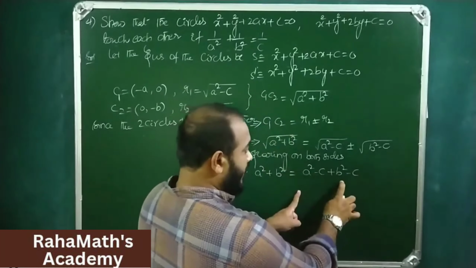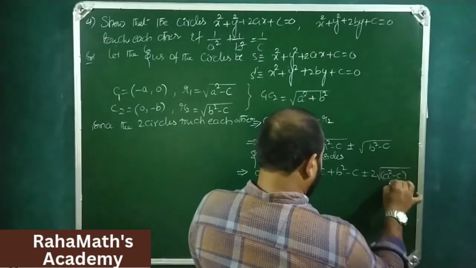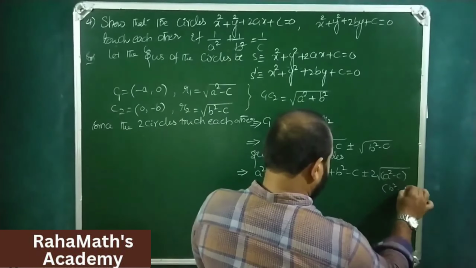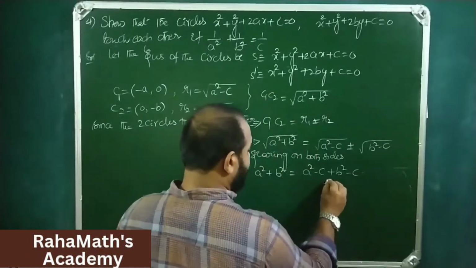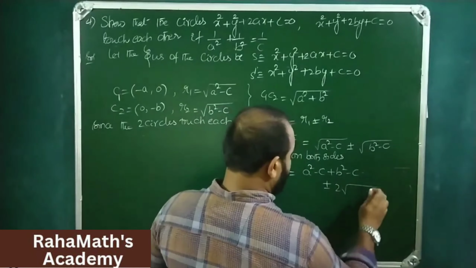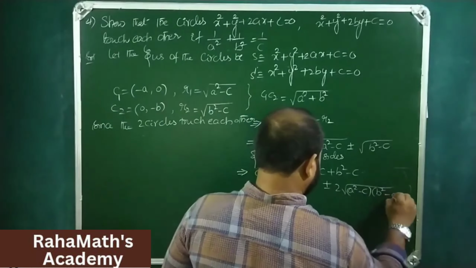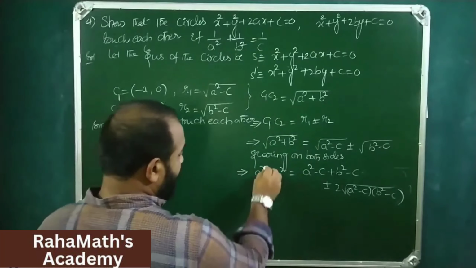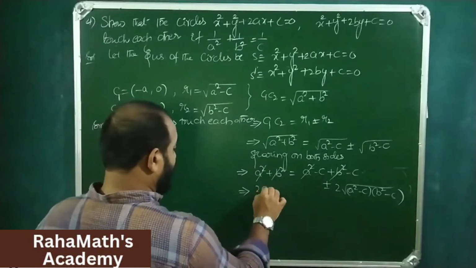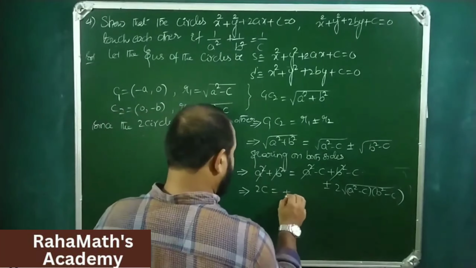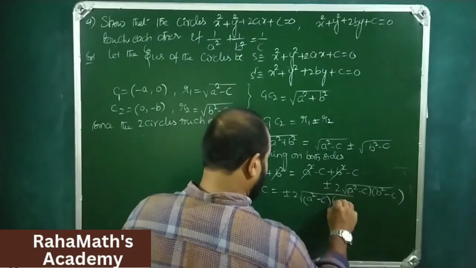A square plus b square plus or minus 2 root of a square minus c into b square minus c under single root. This is equals to a square plus b square, which gets cancelled. So 2c is equals to plus or minus 2 root of a square minus c into b square minus c.